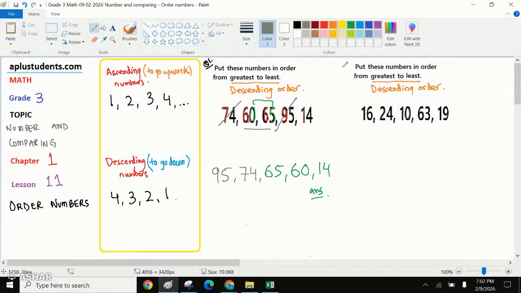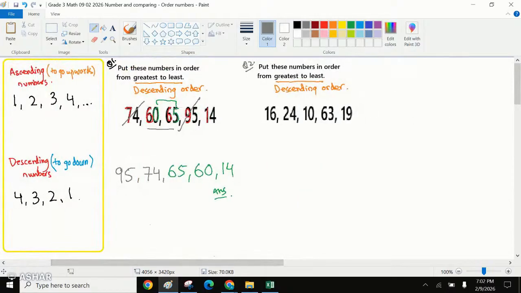Looking at the tens position, this is 1, 2, another 1, 6, and 1. So we know that 63 has to be the biggest number because the tens position is 6. Then it could be 24, right?